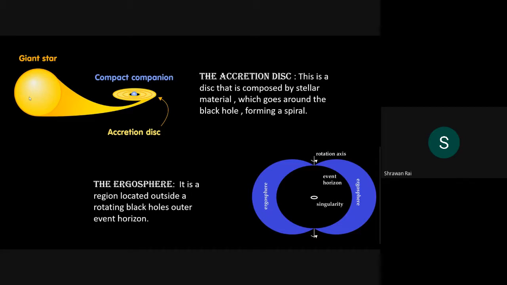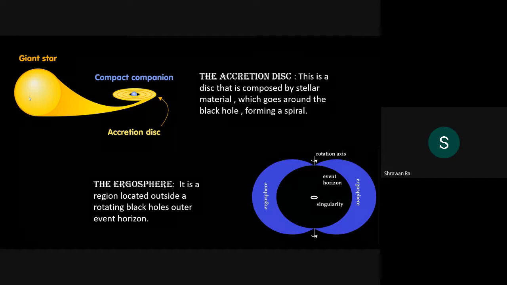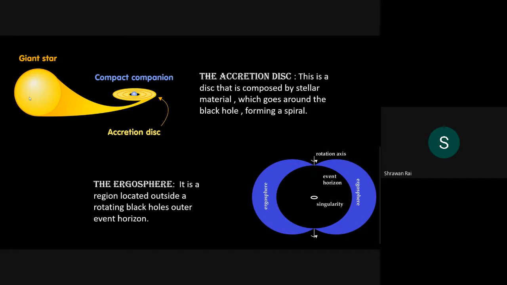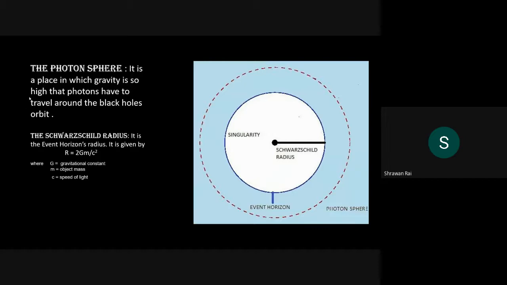Fourth, the ergosphere. It is a region located outside a rotating black hole's outer event horizon. The photon sphere. The photon sphere is a place in which gravity is so high that photons or light have to travel around the black hole's orbit.